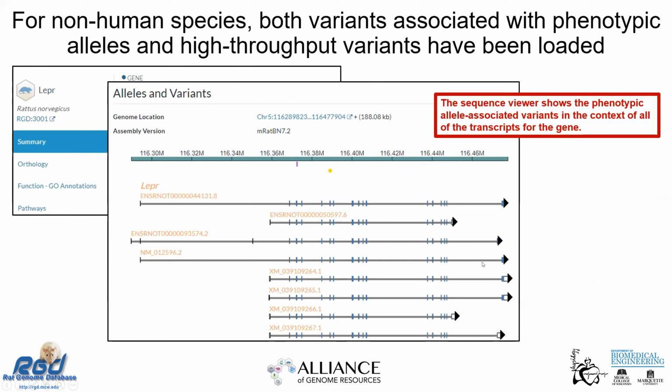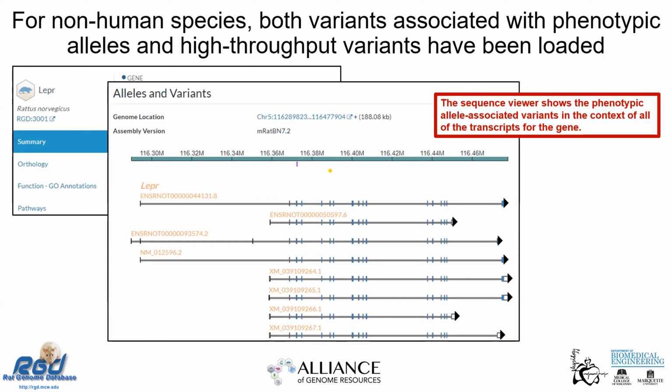So looking at non-human species, in this case, I'm looking at rat. For non-human species, both the variants that are associated with phenotypic alleles and high-throughput variants have been loaded. So the human is only variants that are coming from databases like ClinVar and also from like the 10,000 genomes, human 10,000 genomes project.